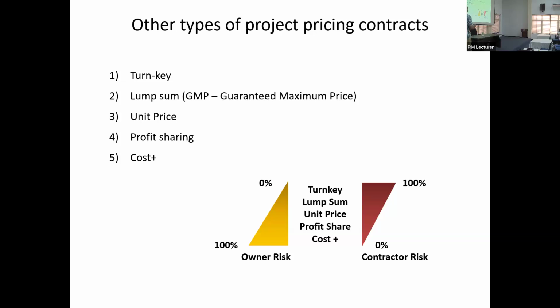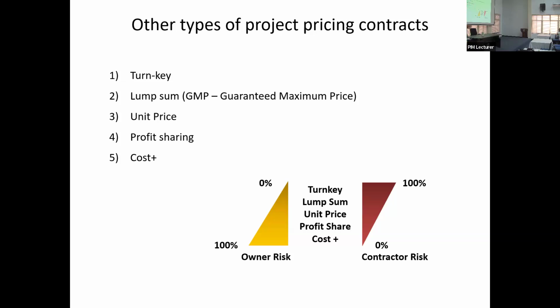Then you get lump sum, that is guaranteed max. A guaranteed maximum is fixed cost plus a margin. So let's say 100 million, and the owner will say, okay, up to 10% on that, I'm happy to accept. Your things may change, I'm happy to accept. So the owner takes a little bit of the risk, but still the price of 100 million is there, so the contractor has to finish it.